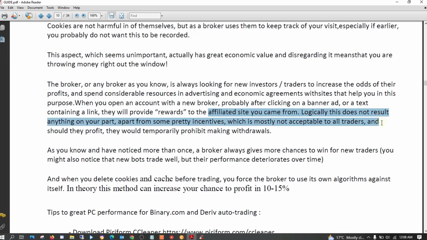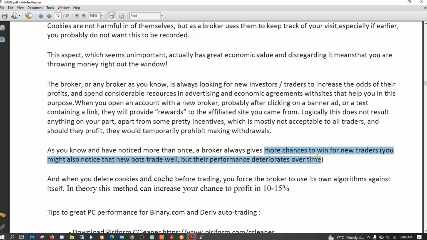Logically, this does not cost anything on your part, and should they profit, they may temporarily prohibit making withdrawals. Okay, so as you know and have noticed more than once, a broker always gives more chances to win for new traders.